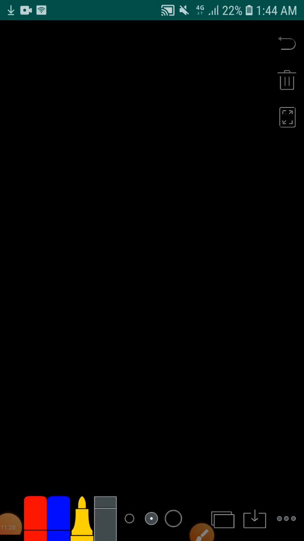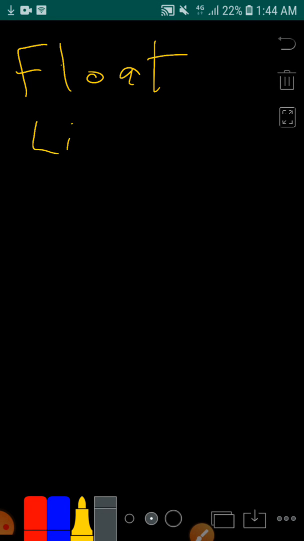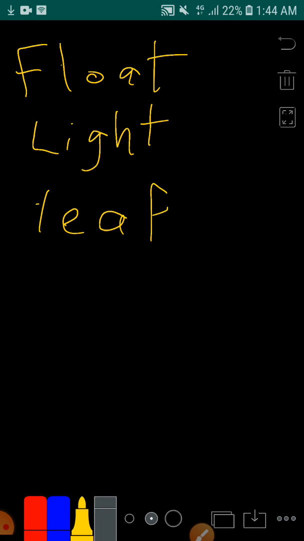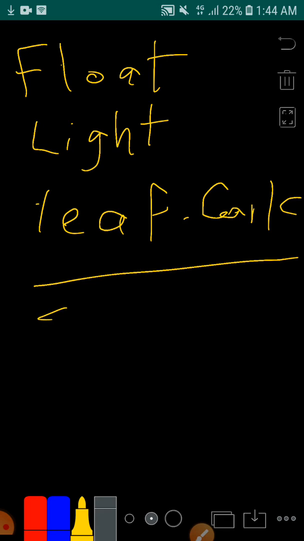So again, let's revise the new vocab for this lesson. We had float, light. Examples here: leaf, cork. Okay, we have sink, down, heavy.